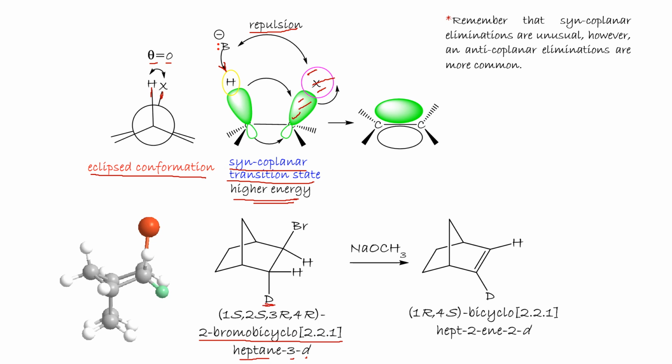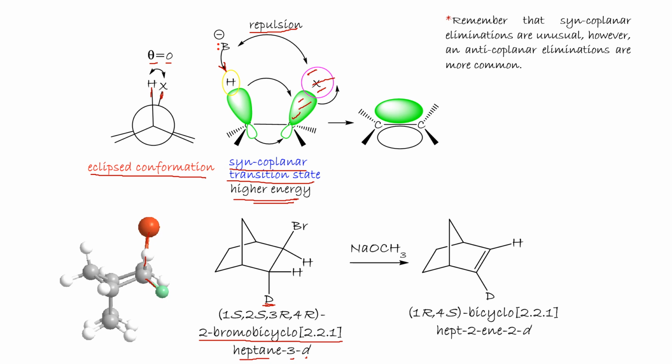Building a 3D model, we will see that the carbon-hydrogen and the carbon-halogen in this form are syn-coplanar, while the carbon-bromine and carbon-deuterium are not anti-coplanar.